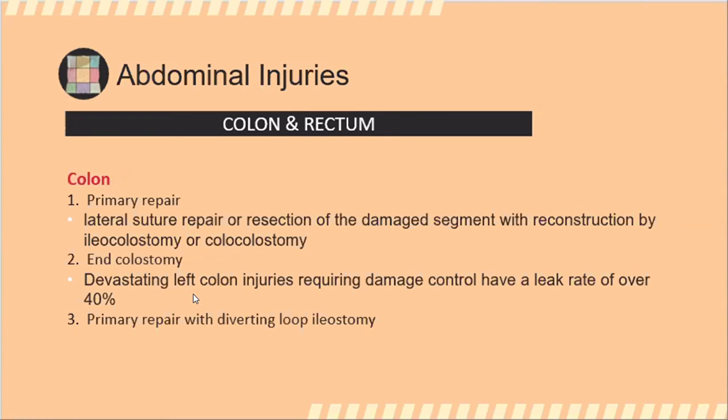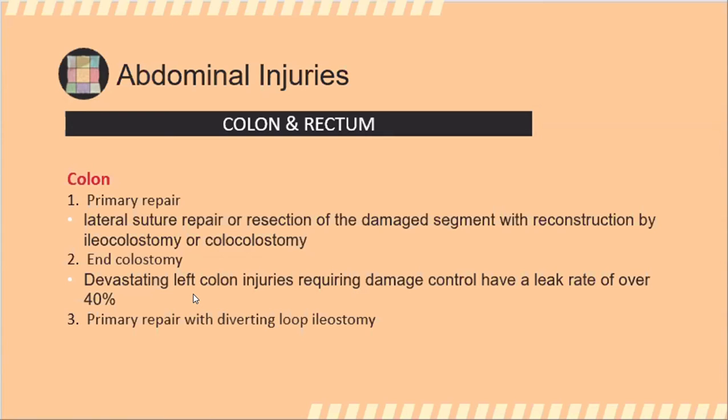Next, for colon and rectal injuries. For colonic injuries, same lang yung grading sa small bowel. So grade 1, contusion, 2 and 3, less than 50 or more than 50% of the circumference. Pag 4, total transection, and 5 if may tissue loss.